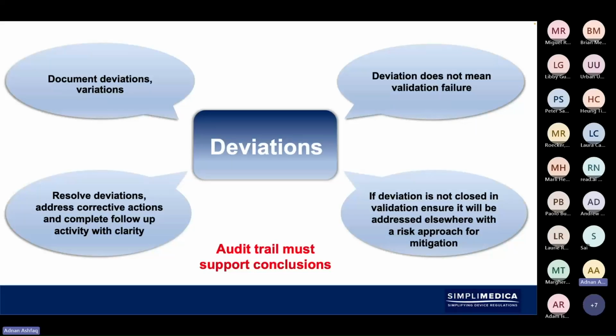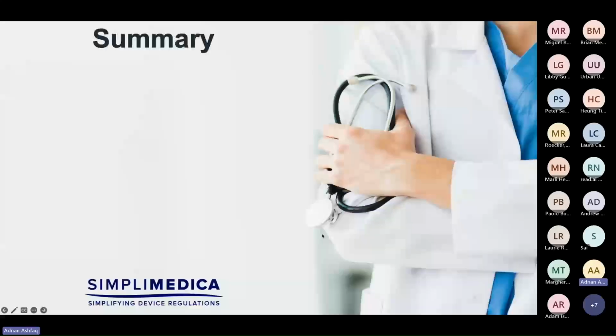Deviation doesn't always mean a validation failure. It just means that you said something at the beginning and you didn't do it that way, so you've got to justify the reason for that. And if you don't close that deviation, then you've got to take a risk-based approach, resolve deviations, address corrective actions, and then follow them up. So these are all typical things in an audit trail.